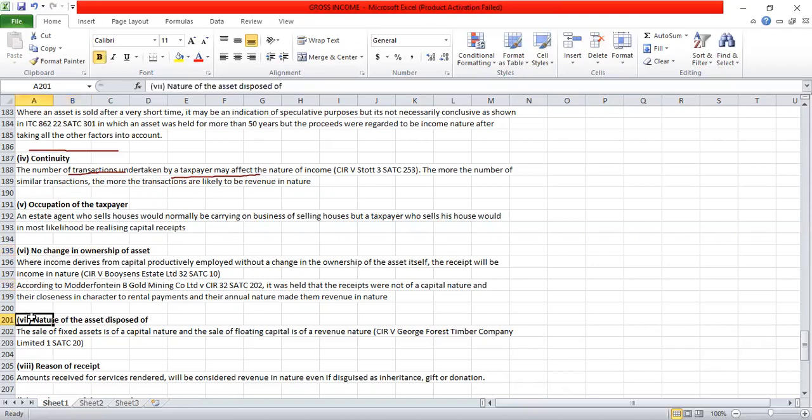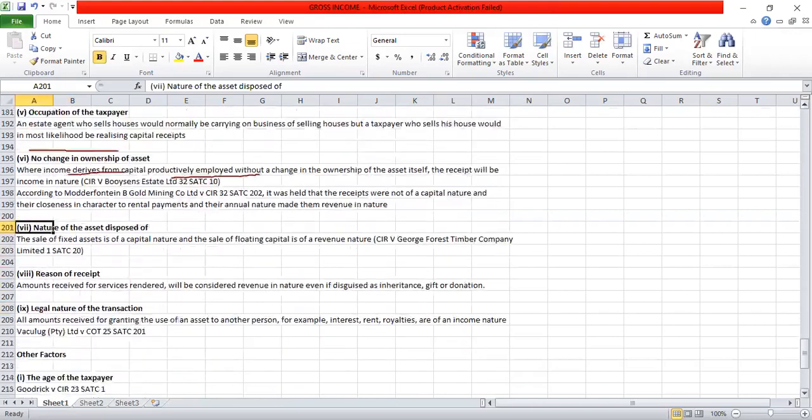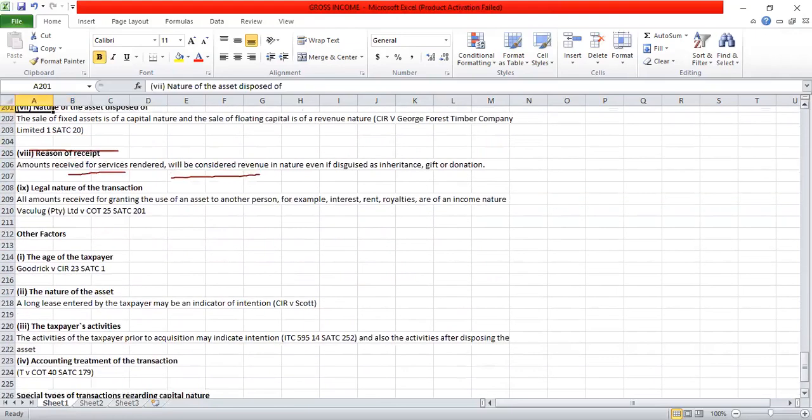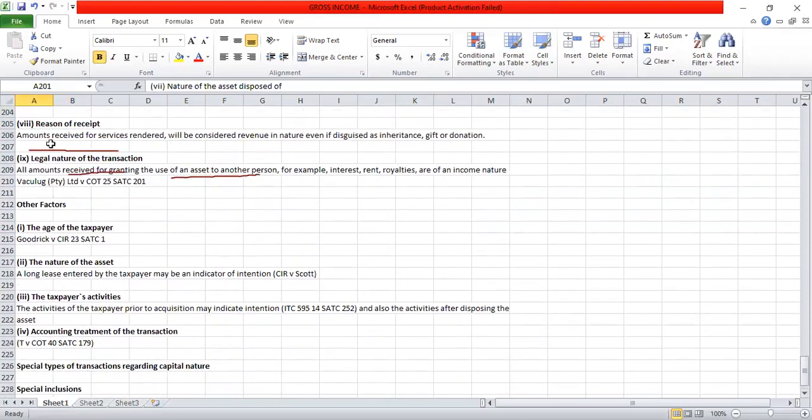Nature of the asset. If it's a non-current asset, that will show that it's of a capital nature. But if you sell stock, that will show that it's of a revenue nature. All right. Then we can also look at the reason of receipt. Let's say you received a building because you did a job and then you sell that building.